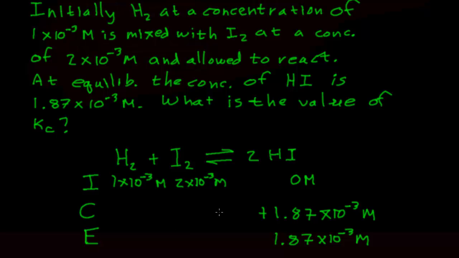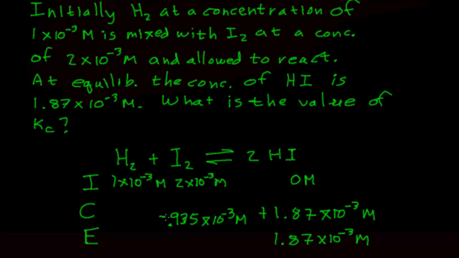So it says that this number, the change in I2, is going to be half as much as the HI because we make twice as much HI as we lose I2. So what we need to do is divide 1.87 times 10 to the minus 3 by 2. And that number is 0.935 times 10 to the negative third.